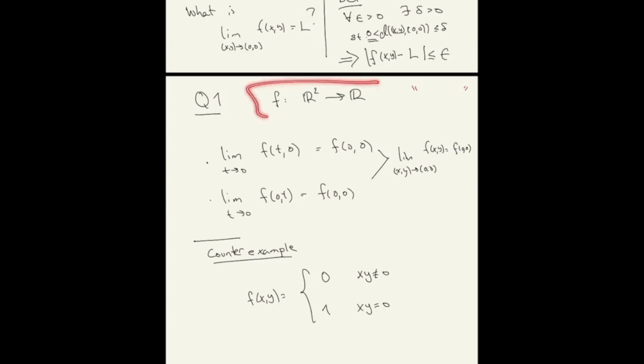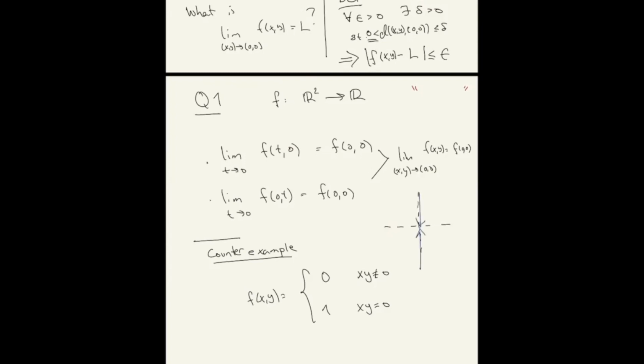So suppose I have a function of 2 variables, and suppose if I approach (0, 0) along the x-axis, the limit of this one-dimensional limit is equal to f(0, 0), and suppose if I approach along the y-axis, suppose I knew that both of these would be equal to the function value.